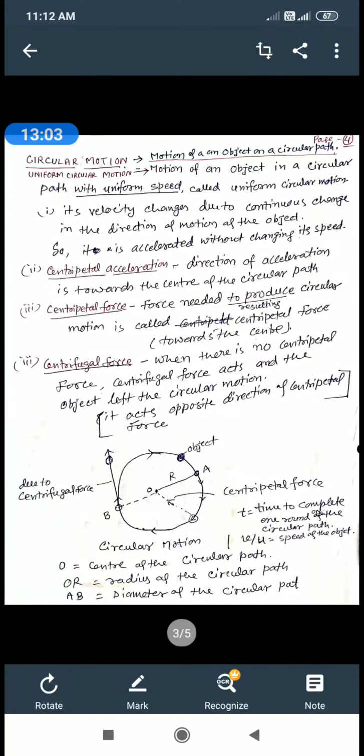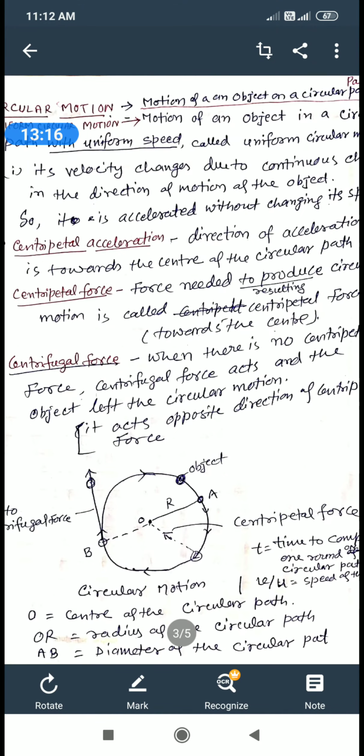Other force is centrifugal force. When there is no centripetal force, centrifugal force acts on the moving object in a circular path.